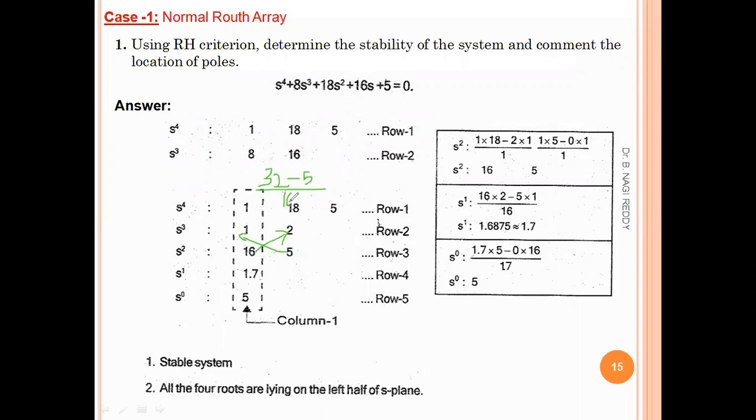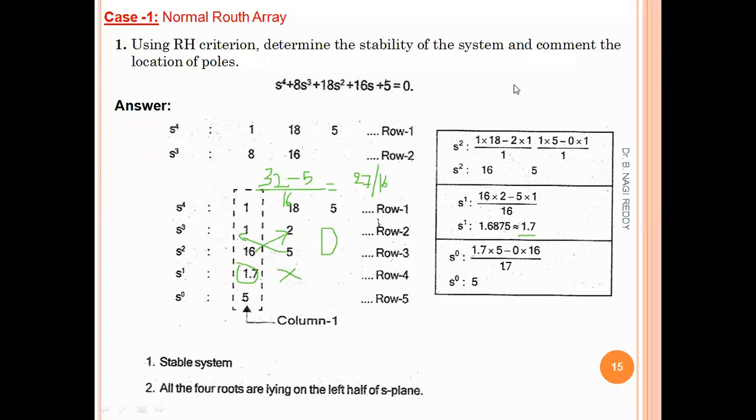So 32 minus 5 is 27, so 27 by 16 will be our answer. Here there are no terms or coefficients, so we cannot get any coefficient here. And 27 by 16 is approximately 1.7, so this term is 1.7.